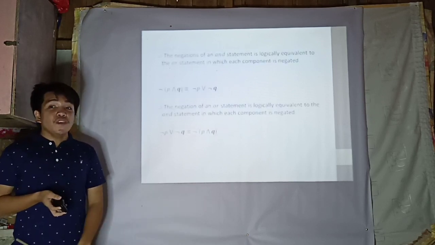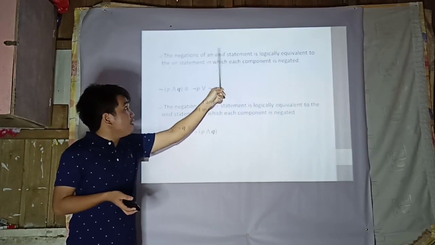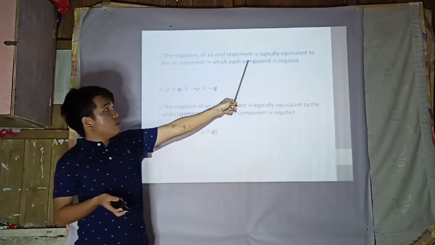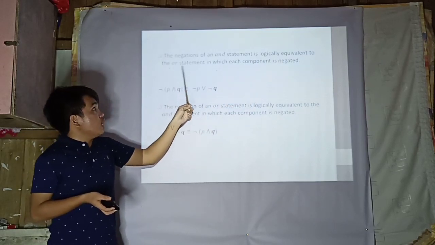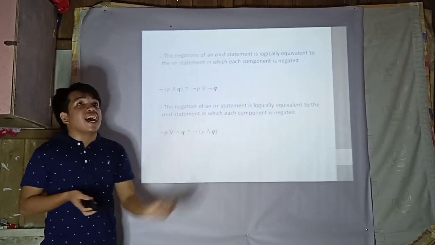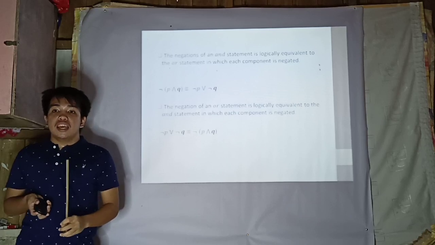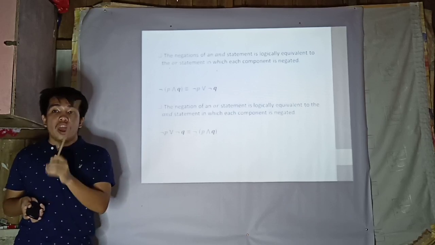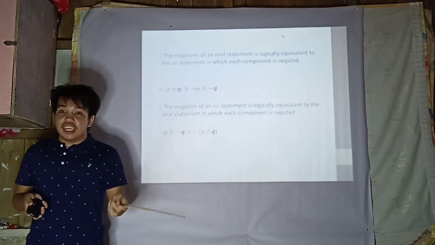Next, the negation of an "and" statement. An "and" statement is logically equivalent to the "or" statement in which each component is negated. This means that when your teacher asks you to find the negation of "and" in De Morgan's law, all you need to do is negate "and" into "or."